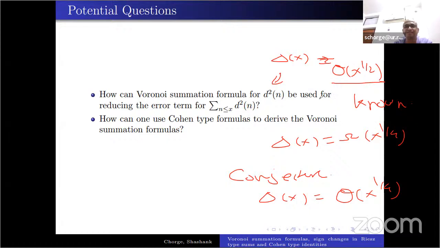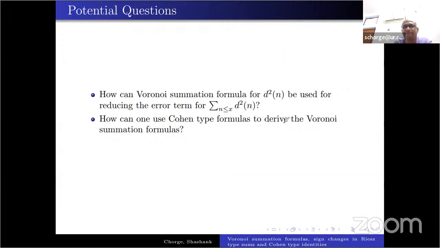And the other part, which is slightly less difficult, I believe, is how can we use Cohen type formulas to derive the Voronoi summation formula. I mentioned earlier that we had an infinite series of zeta zeros, which was the problem in our case.